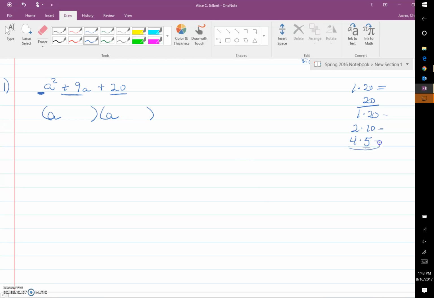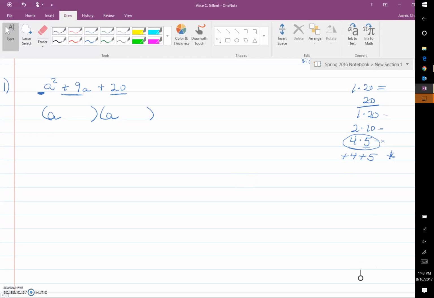Well, it looks to me like it's going to be this, and it's going to have to be a +4 and a +5, and I highly recommend that you do this step. Figure out which pair it is, then write down with the sign for each one.